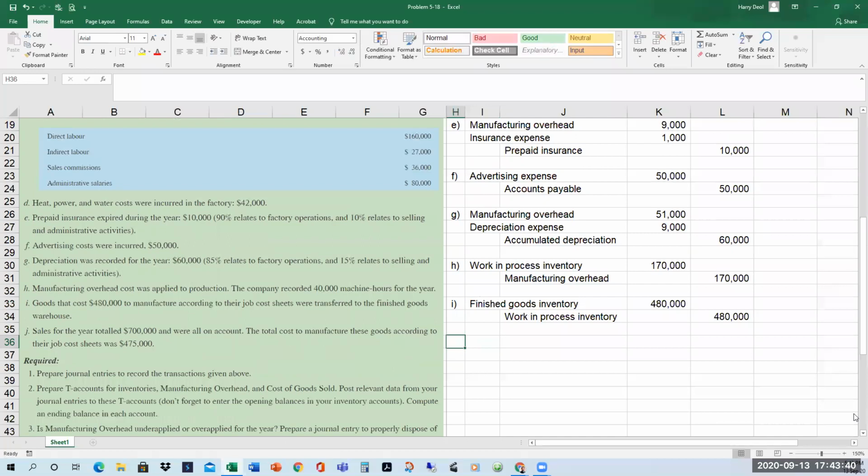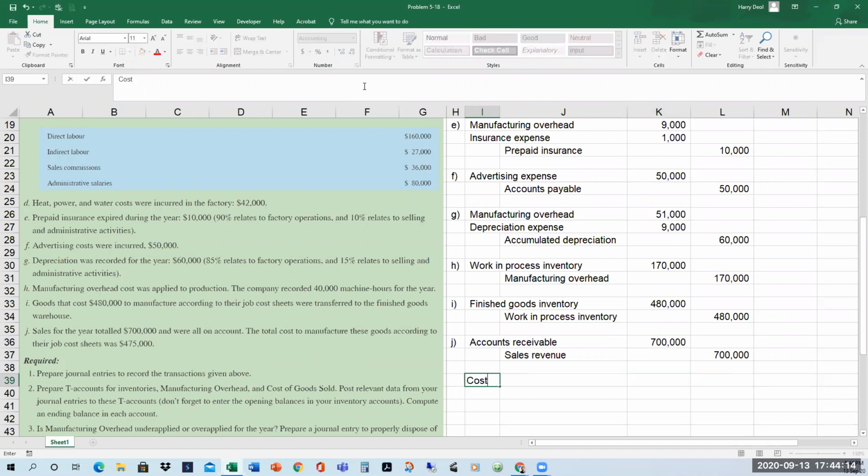And then finally, J, sales for the year total 700,000 and were all on account. So debit accounts receivable and credit sales revenue, 700,000. And the total cost to manufacture these goods according to their job cost sheets was $475,000.